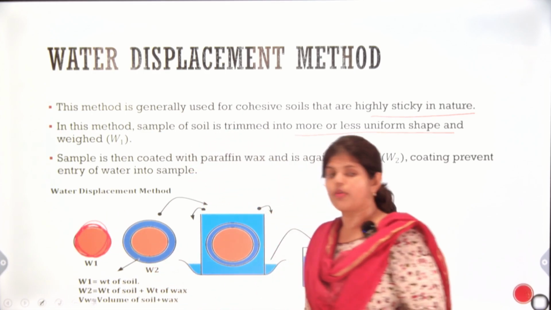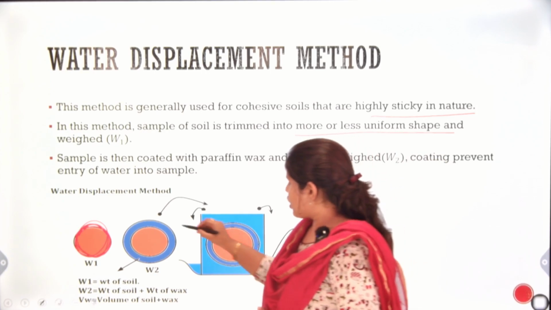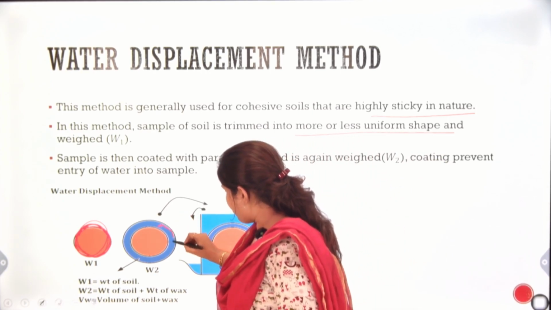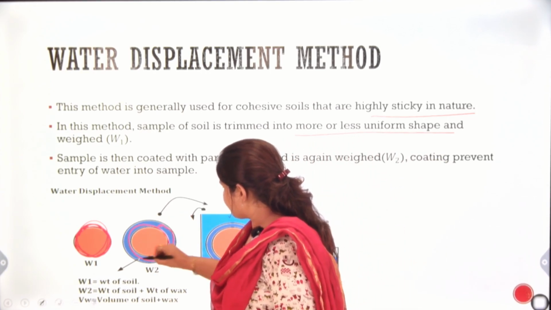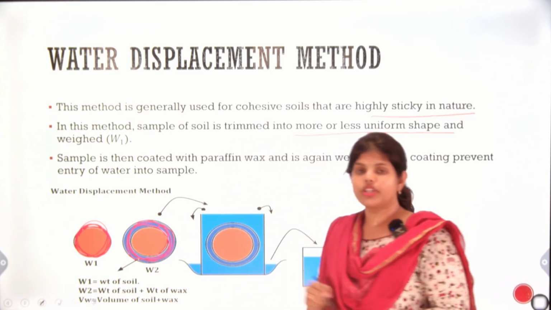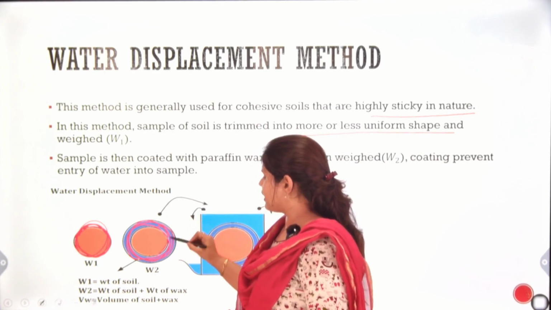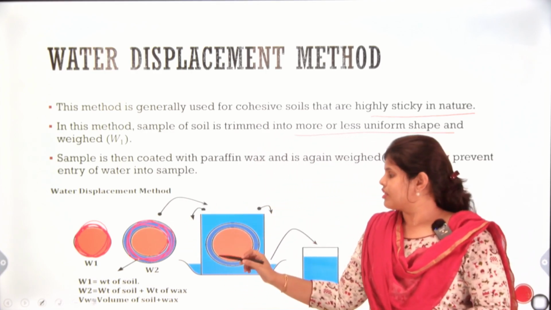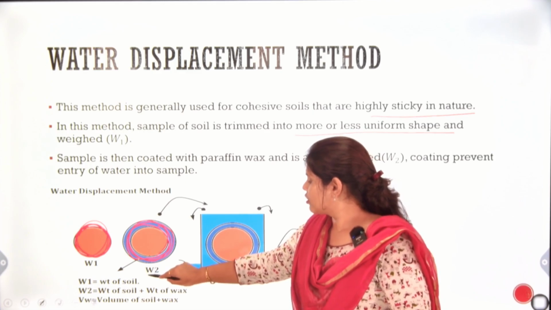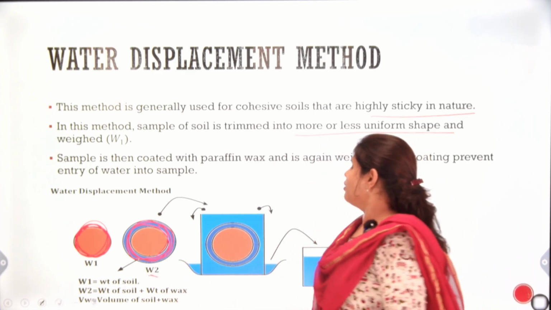This W1 soil we coat with paraffin wax, okay. After covering the soil with paraffin wax, we will take the weight as W2. Now what?